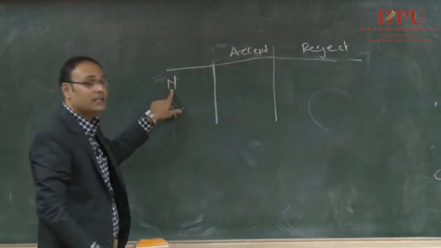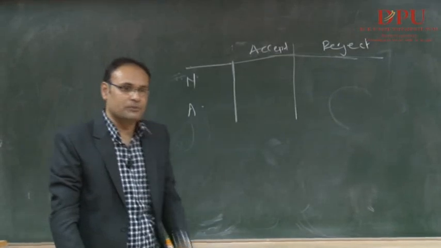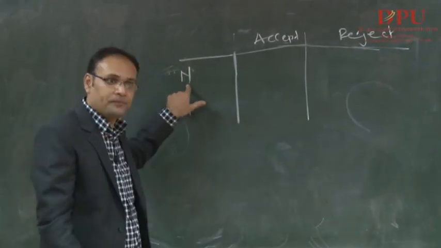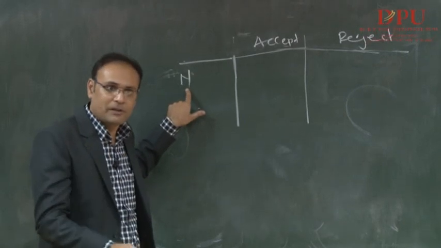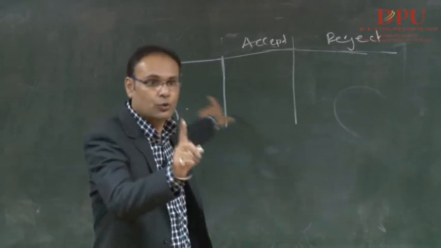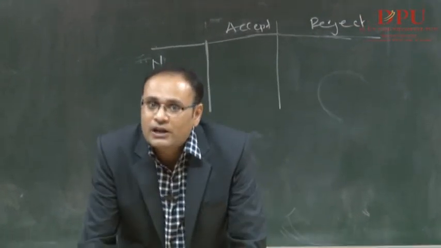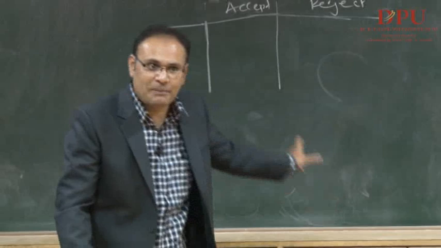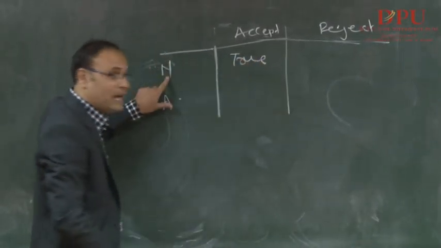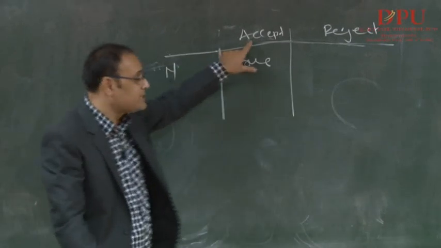Now this is, I said, the null hypothesis. Suppose you have a certain problem statement, and you have proof that your hypothesis is true. Your hypothesis becomes true, that means the null hypothesis. And if I say this is true, that means the null hypothesis is there and is going to be accepted.